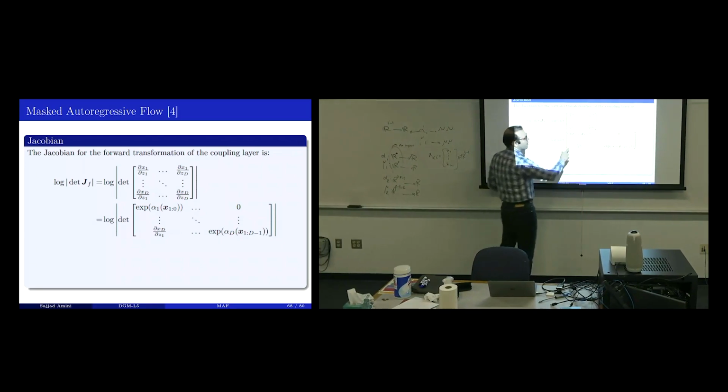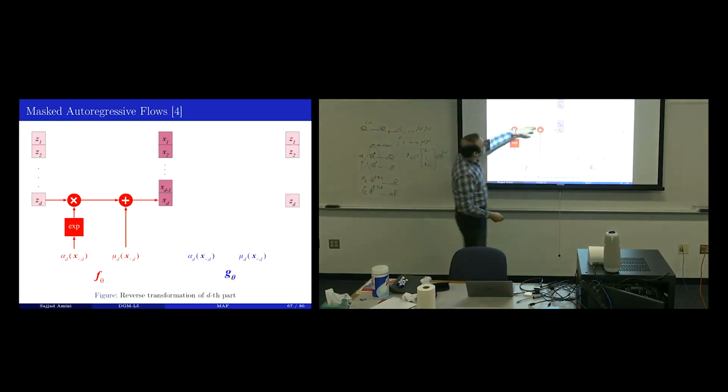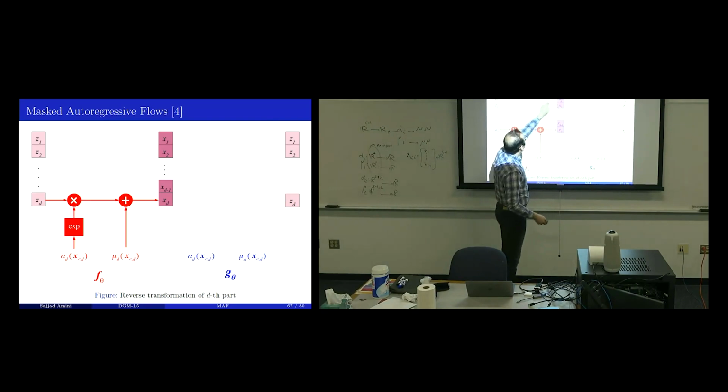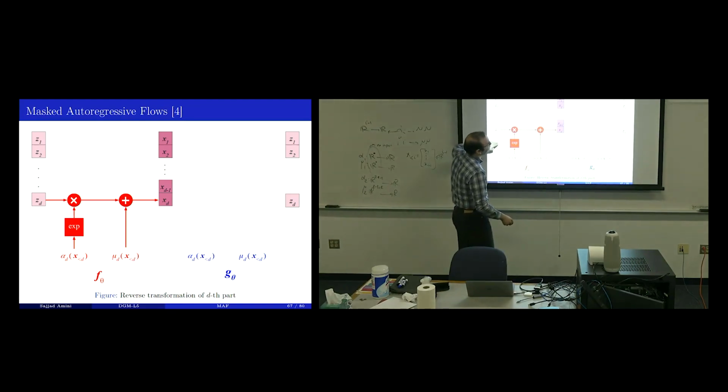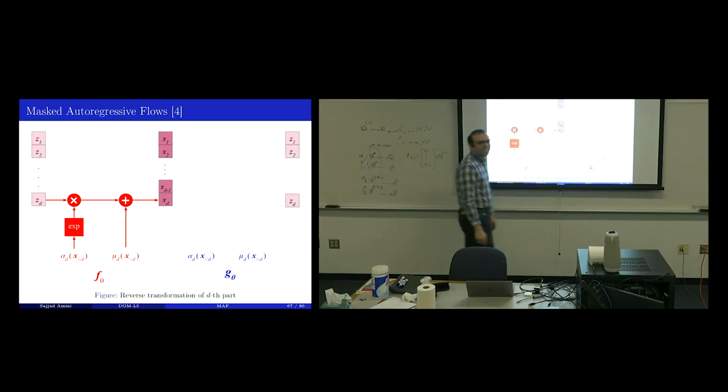Why? Because each element cannot use the future elements. What does it mean? For example, x1 cannot use the z2 till the end. x2 cannot use the z with higher index than 2. xd cannot use z with higher index than d.